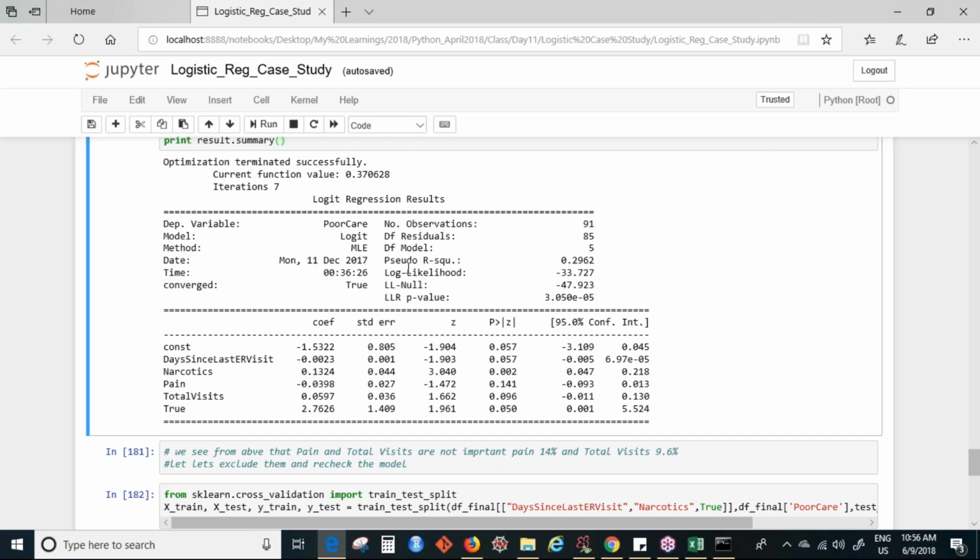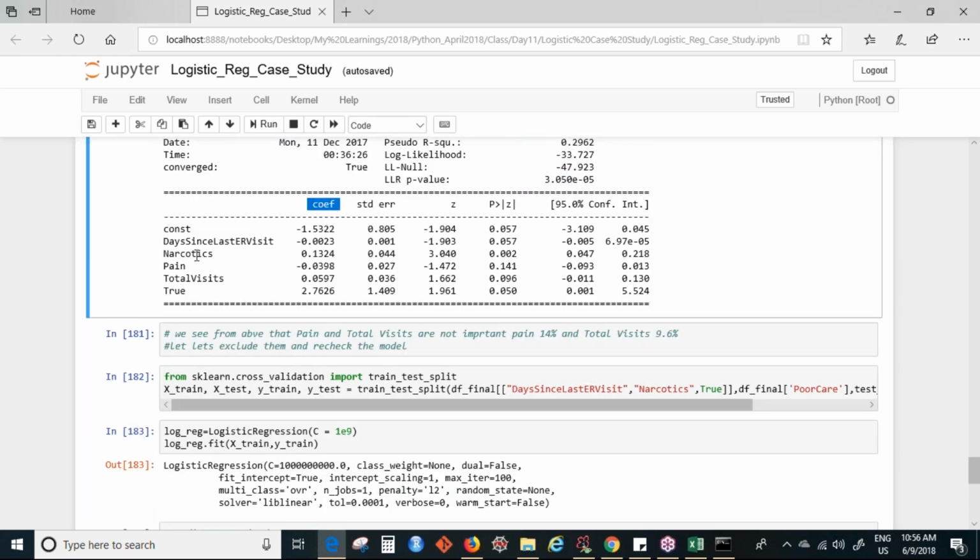And now you can directly come to the coefficients. See the p-values it is giving you. This is the p-value, and here is the z-value, which proves that this is coming from a z-test. In linear regression, it was written t here instead of z, because that was coming from a t-test.